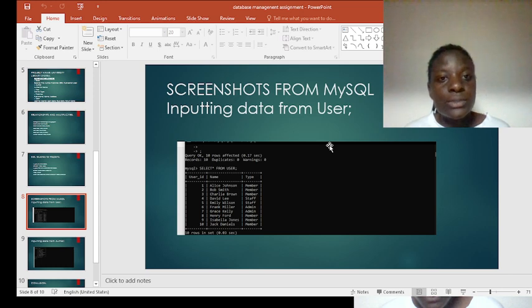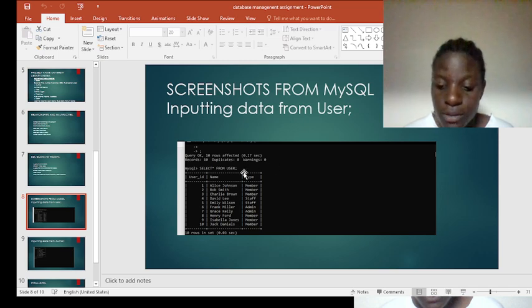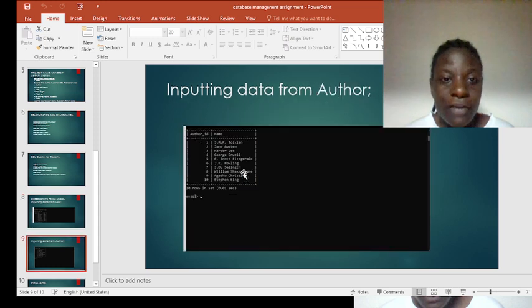I've also included screenshots from my WAMP server that show how to input data from the user, to collect data from the user. This was a big process, but I've included a few in my report.